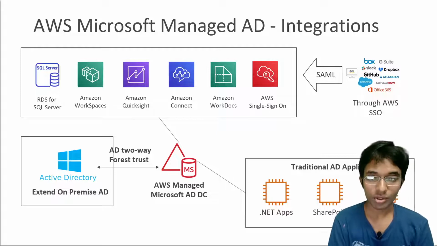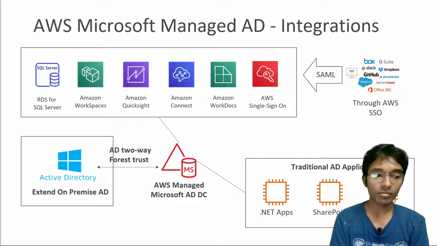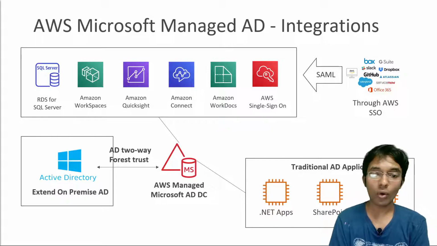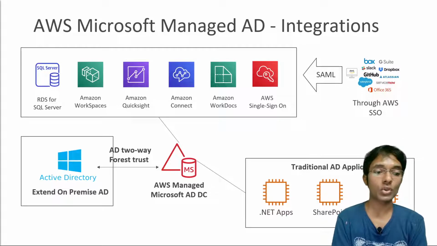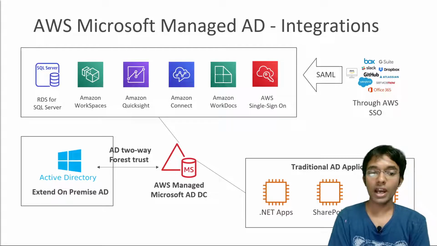integrations in depth. Your managed Microsoft AD is in the middle, and it can get integrated with your on-premise Active Directory using something called a two-way forest trust, and we'll see this in the next slide. It can also integrate with a bunch of database services.